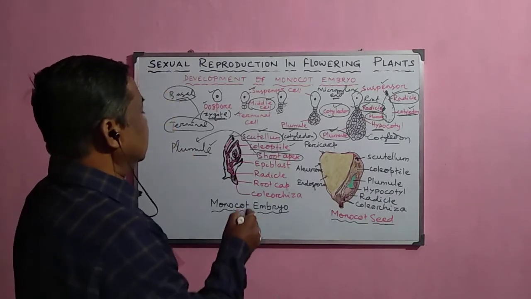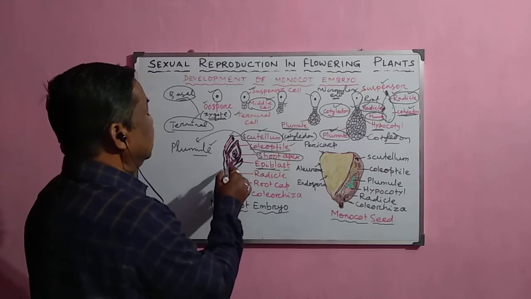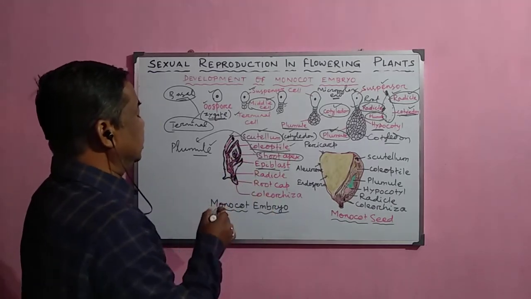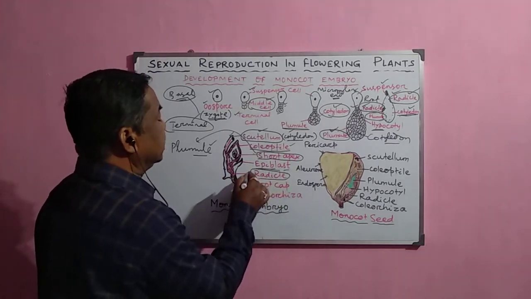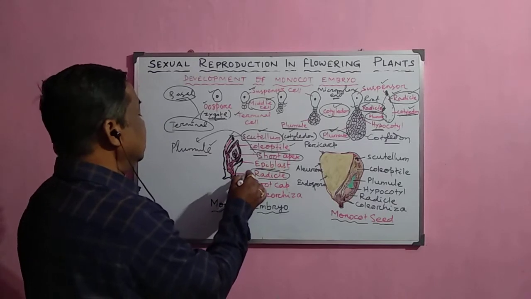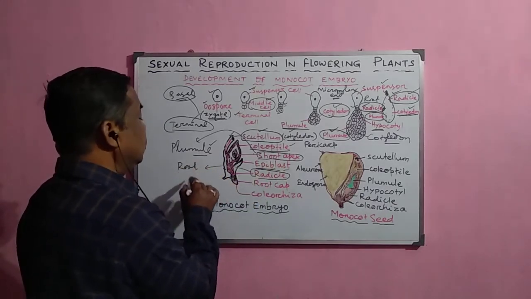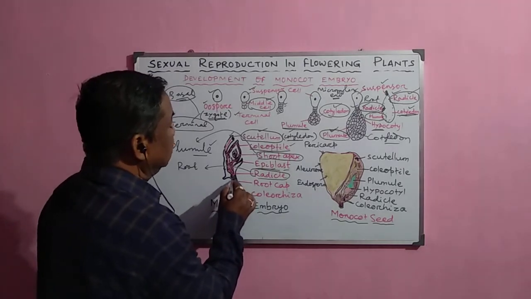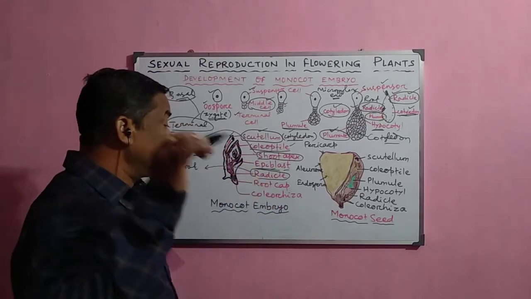After that, this is the epicotyl region or epiblast region, and there is a depression. Inside this depression, the embryo is present. Now look here, in this region, this is the radicle. The radicle is the future root, it develops into the root later on, and there is a root cap which starts development towards the earth, inside the soil.